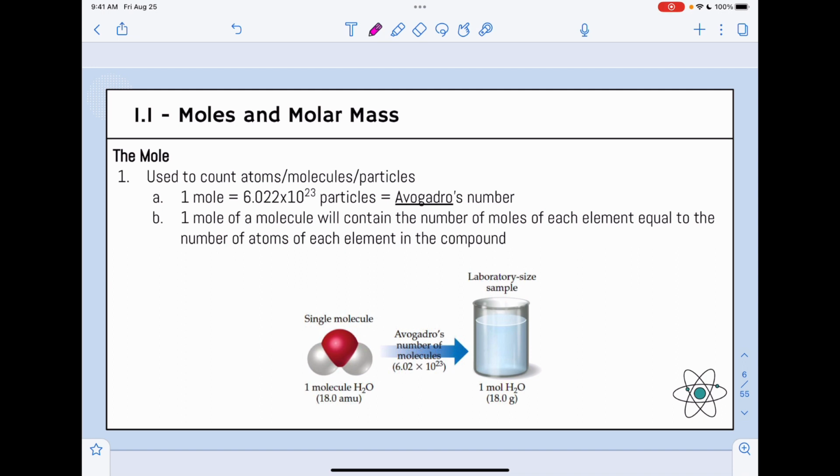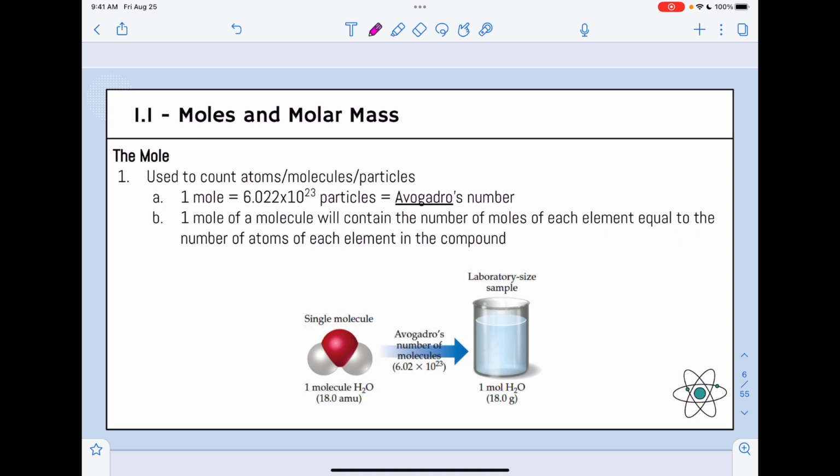1 mole of a molecule will contain the same number of moles of each element equal to the number of atoms of each element in the compound. We're going to use water here as our example. We have a single molecule of water, so 2 hydrogens and an oxygen. In 1 mole of water, we're going to have 6.022 times 10 to the 23rd particles of water.